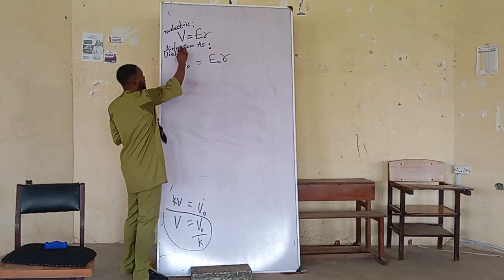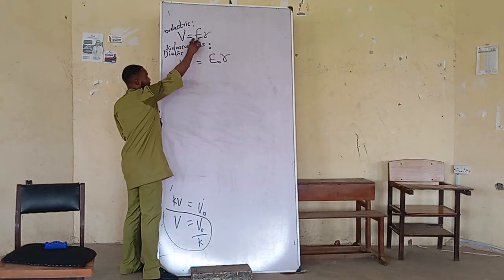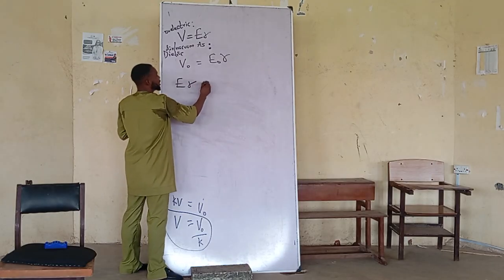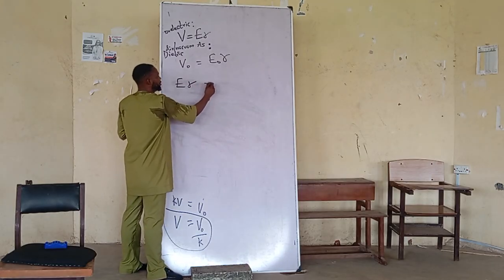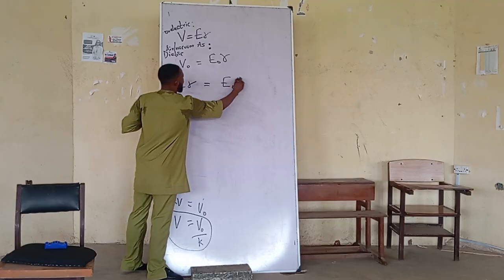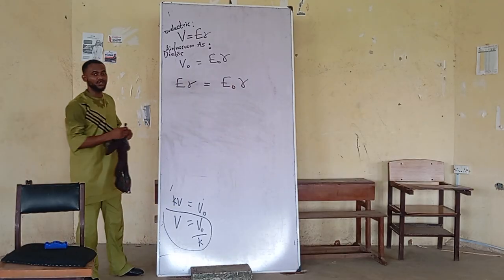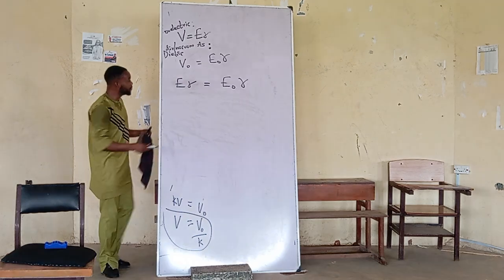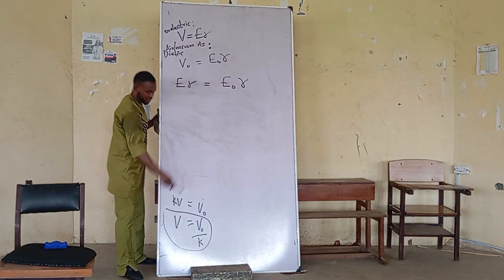So if I equate these two things, I'll have ER equals E naught R. But before I equate this, please notice something. This V here is equal to something here.